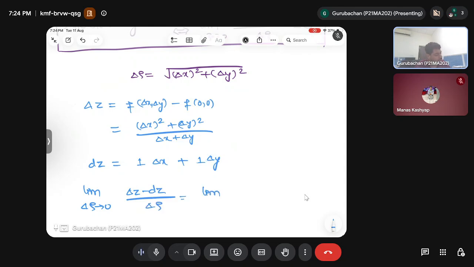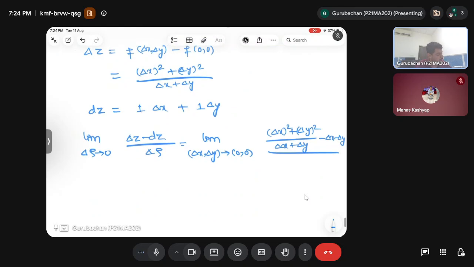This is nothing but limit (delta x, delta y) tending to (0,0) of delta x square plus delta y square divided by delta x plus delta y, minus delta x minus delta y, divided by under root of delta x square plus delta y square.